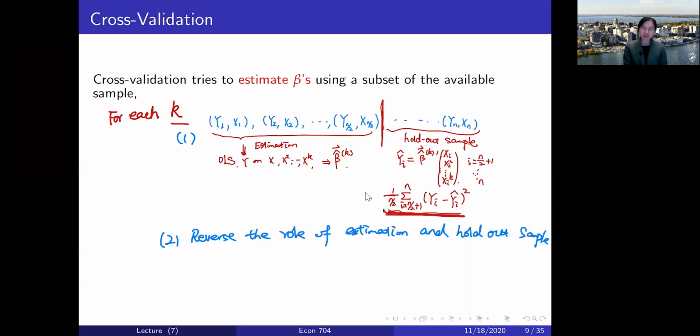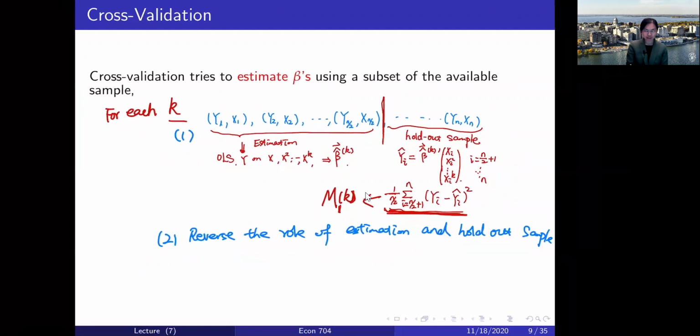So this estimate of the prediction mean squared error is called, let's say, M1k. And once you reverse the role of estimation and holdout sample, and you do the same thing, you're going to get M2k.